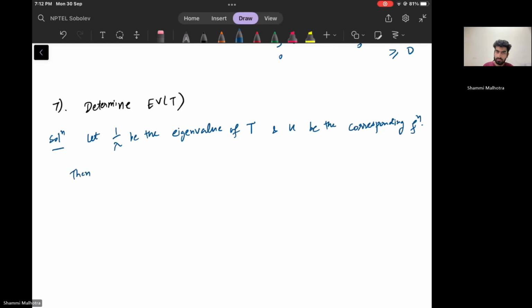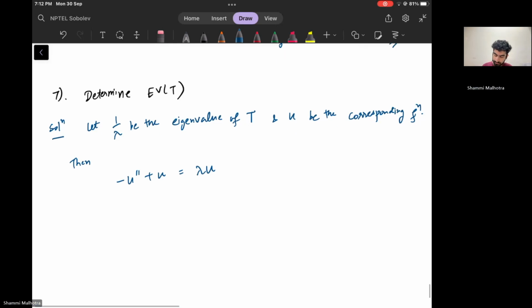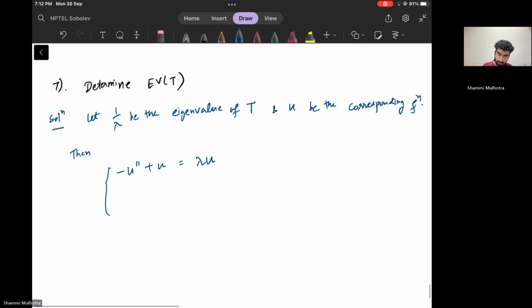Then minus u double dash plus u equals lambda u. And moreover, we have u dash 0 is nothing but u0 minus u1, and u dash 1 is nothing but u0 minus u1.